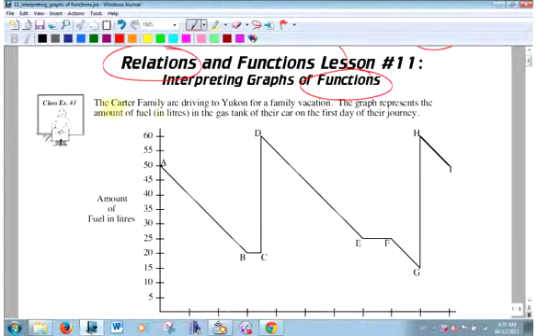Okay, the Carter family are driving to the Yukon for a vacation in the Yukon. Poor them. I could think of better places I'd want to go, but who knows, maybe it's summer. This graph represents the amount of fuel in liters of their car, which of course is kept in the gas tank, okay?